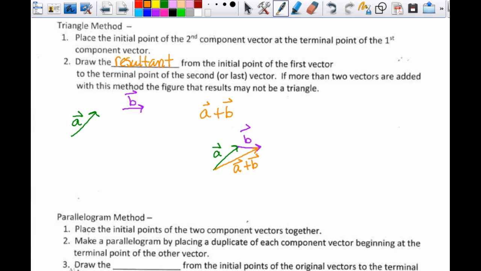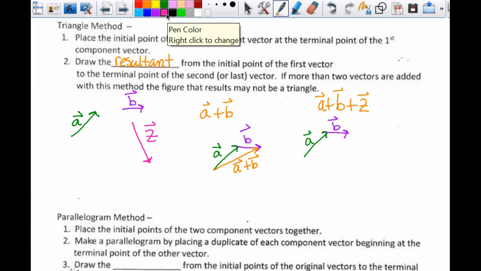So I'm going to give you another one. I'm going to give you Z. So now we're going to do A plus B plus Z. So here's A. Here's B. And again, try and get it kind of the same direction and length; we're not super worried about it right now.